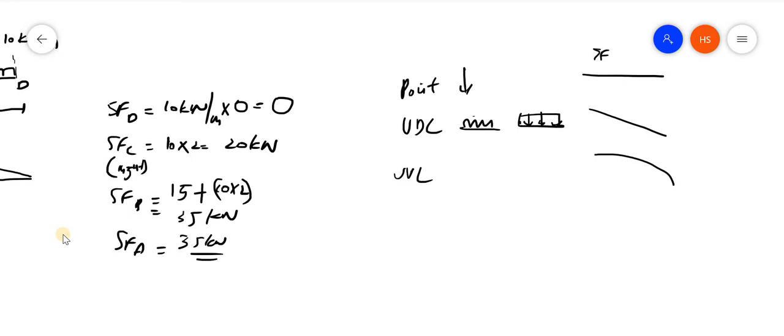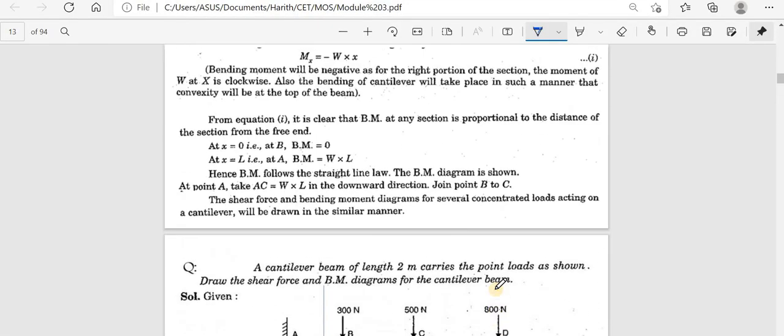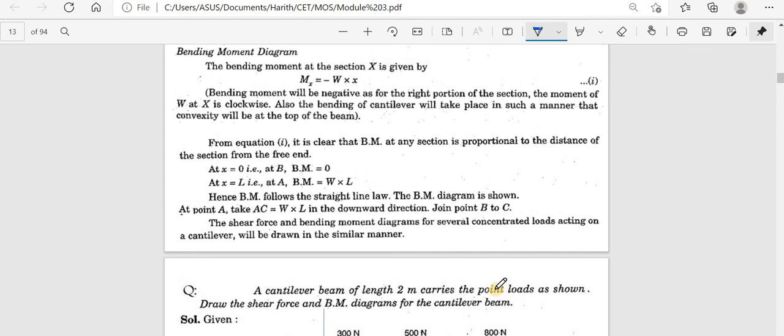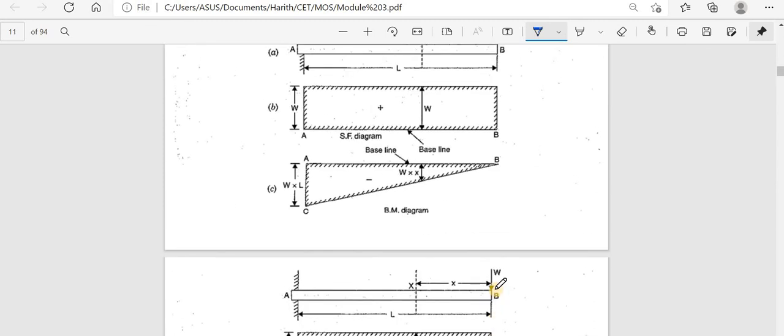Okay. So in this section we have studied the type of supports, type of beams and type of loads. And also we have understood how to draw the shear force diagram of a cantilever beam. Only a cantilever beam we have studied.